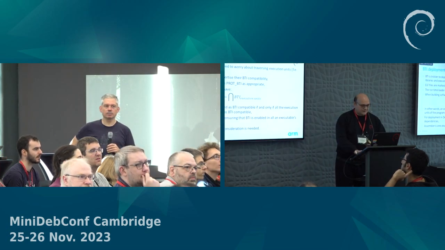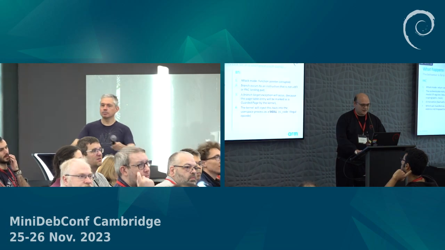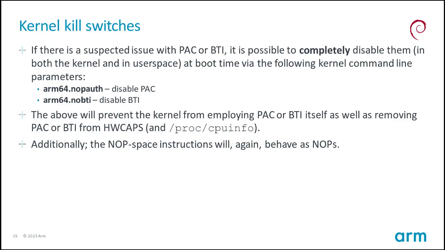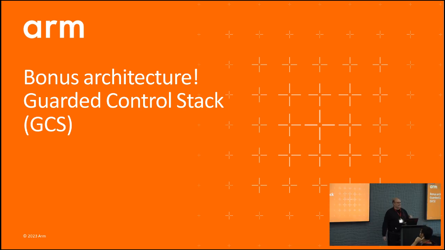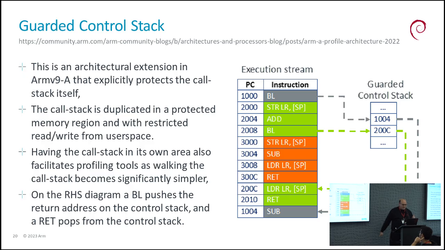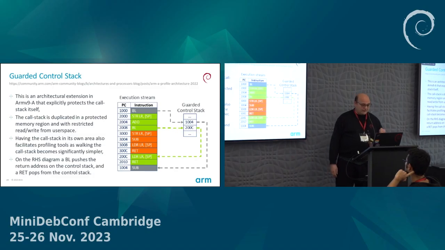Well, I think I've got time for some bonus architecture. Okay. It's just been mentioned that we could do different functions and they could still have landing pads on. So we have this thing called guarded control stack. It's documented quite nicely on the ARM website, and there's a link here, and I'll put the link in the reference.